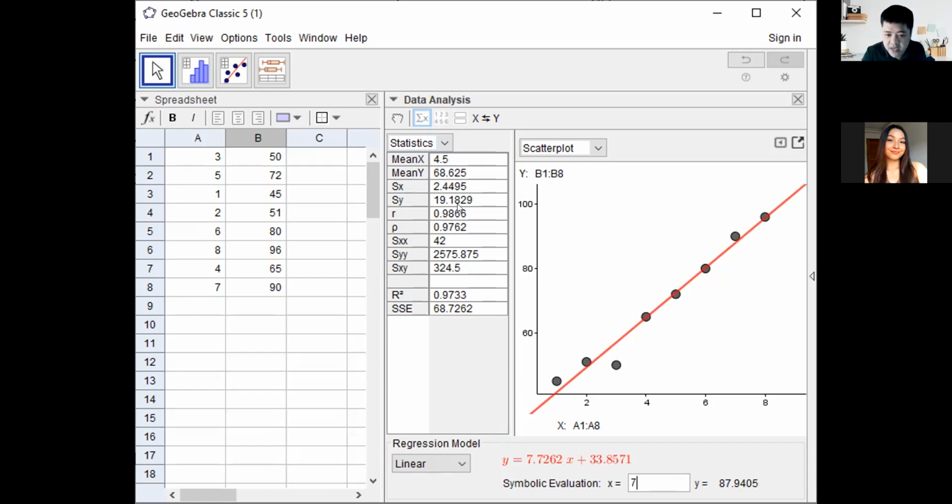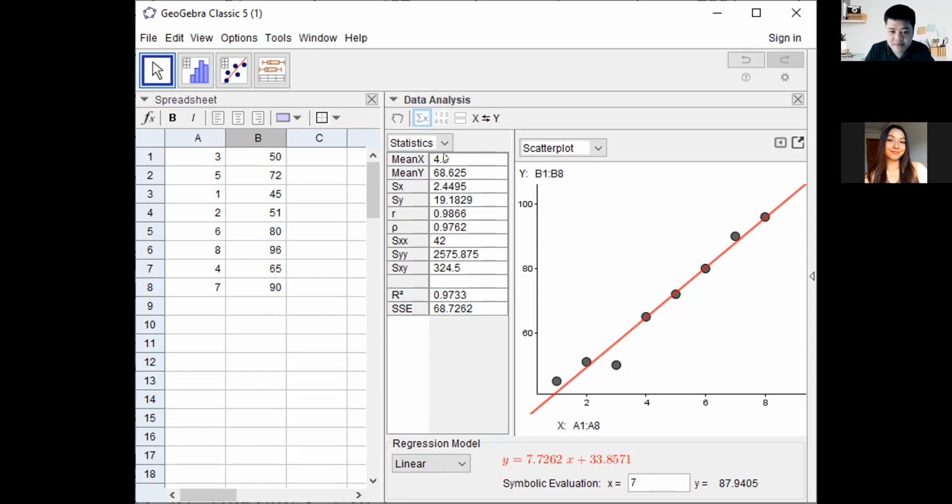Will give you the R value. Okay? But kung gusto niyo nang gamitin lang yung formula natin, you can do that also. At yung mean ng x at y, you can have the standard deviations of x and y. You can have the R value, which is 0.9866. Ano ba yung nakuha natin? 0.9866. Let me check. Yeah, tama. And the R squared is 0.9733. Ito yung coefficient of determination. You can basically get everything already on GeoGebra.